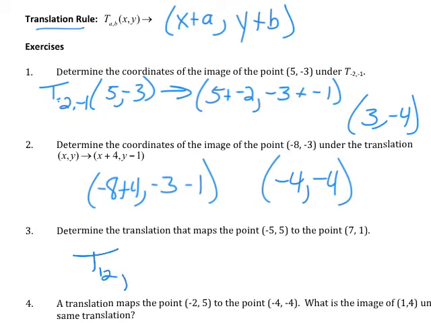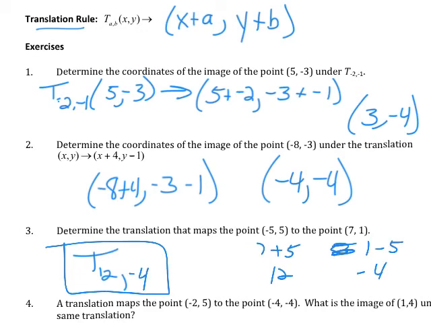So I'm going to move 12 in the x direction, and then in the y direction, to get from 5 to 1, I've got to move -4. You can either think about that in your head, or you can subtract the points. 7 minus -5 is 12. 1 minus 5 is -4. Either way, your answer is this, 12, -4.